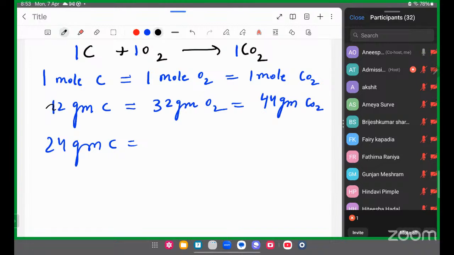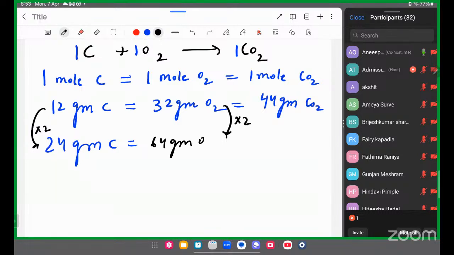In this case, 12 is doubled to get 24, right? So we will double it also because it is equality between them. What is equality? Equality states that if there is a change in left hand side, the same change will be on right hand side. So 32 into 2 will give how much?